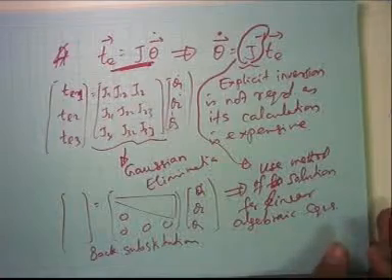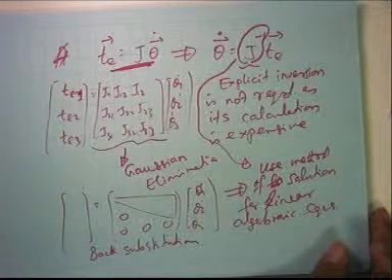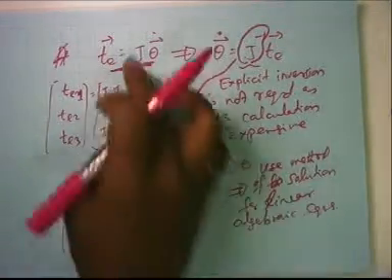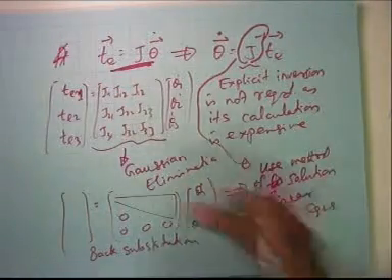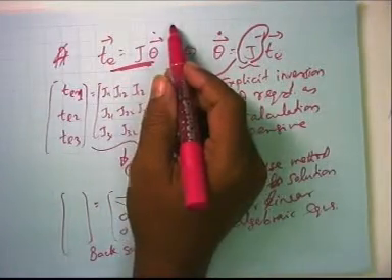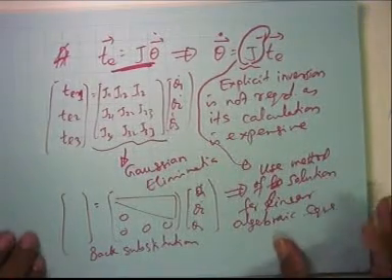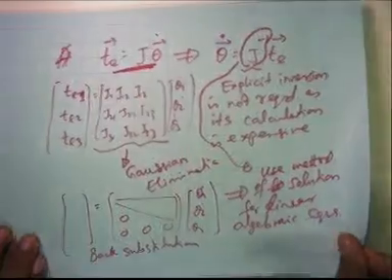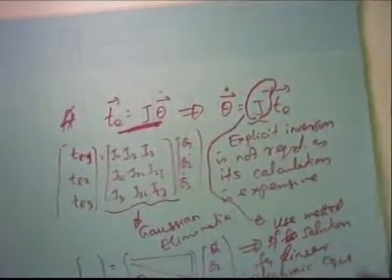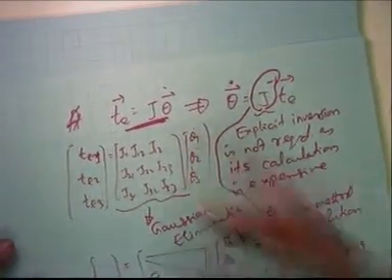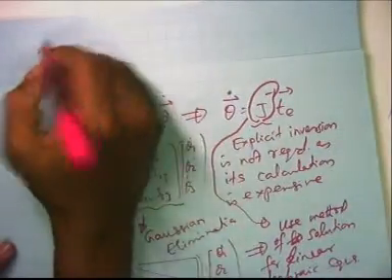Now, there may be a situation where you need to calculate the inverse. Maybe you do not want to find theta dot, but you need the inverse. So, how to do it? There also we will use the same method, and we have done this during my lecture in Addis Ababa.